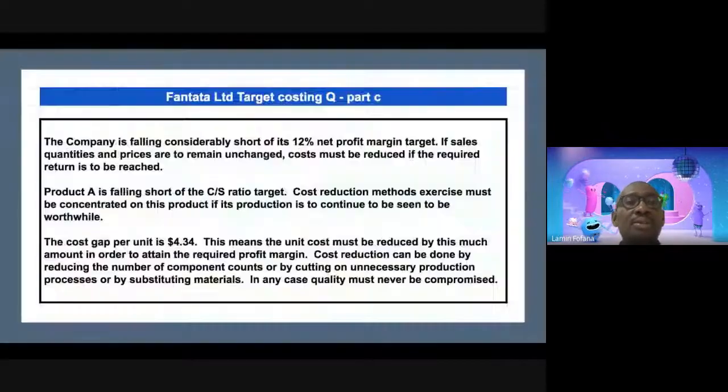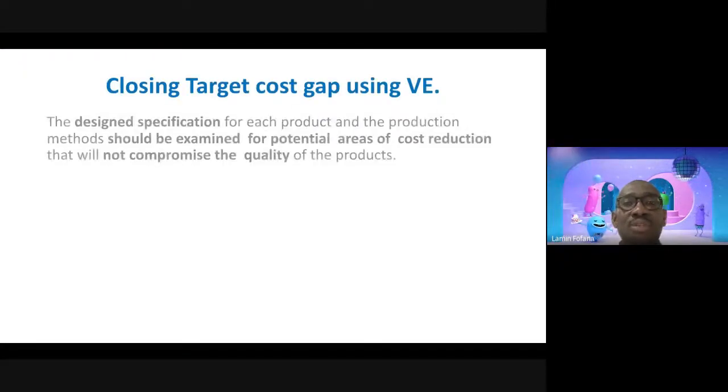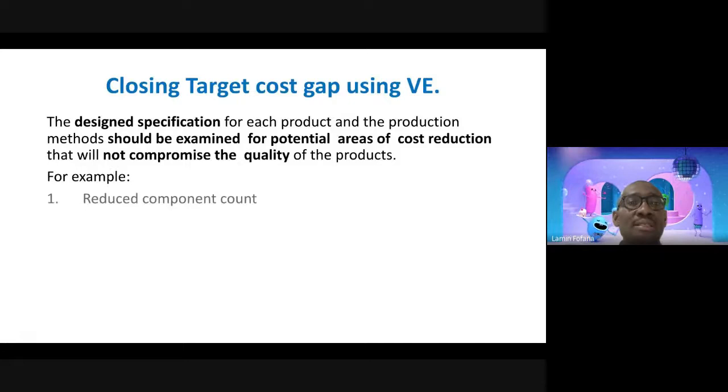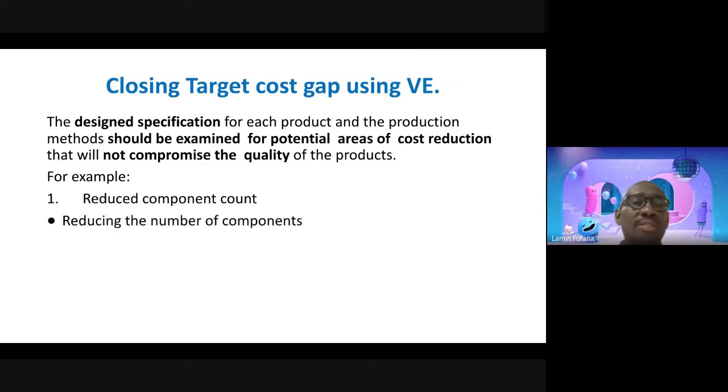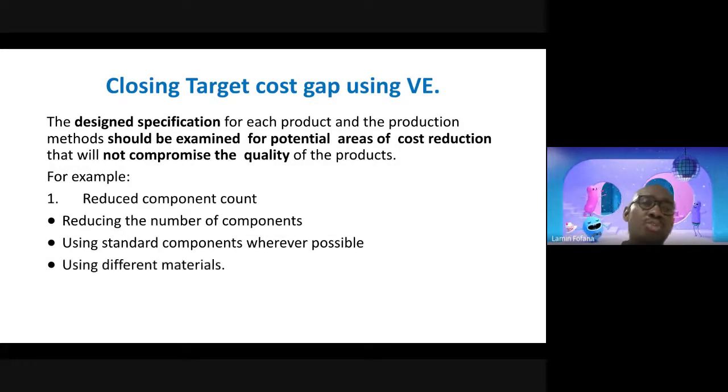Okay, so before we answer this question again, we're going to look at examples of cost reduction or examples of closing the cost gap using value engineering. So one example is to reduce the component count.